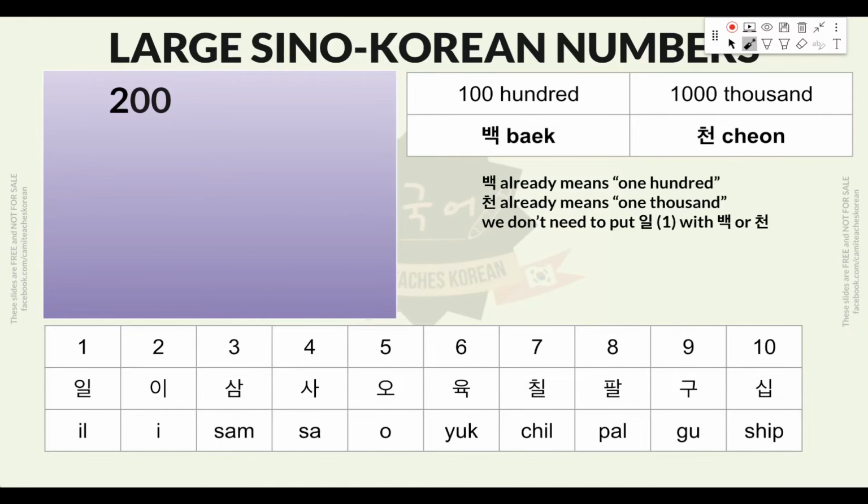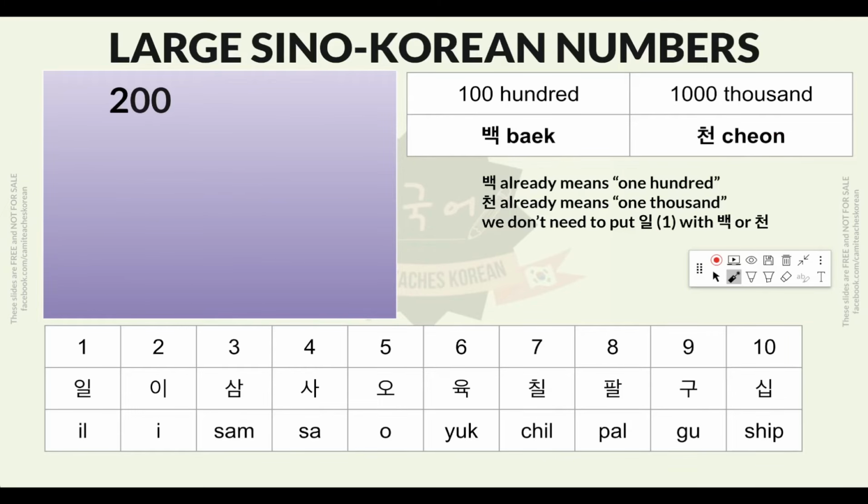So, ang 100 and 1,000 po sa Korean language, ang 100 ay baek. Ang 1,000 ay chon. So, baek already means 100. Ang chon already means 1,000. Kaya po, sa baek at chon, hindi na natin kailangan lagyan ng il.